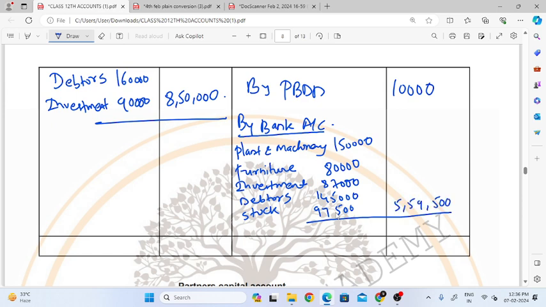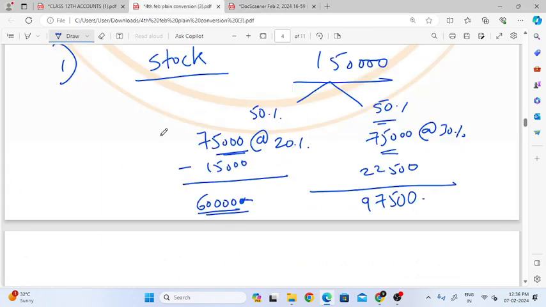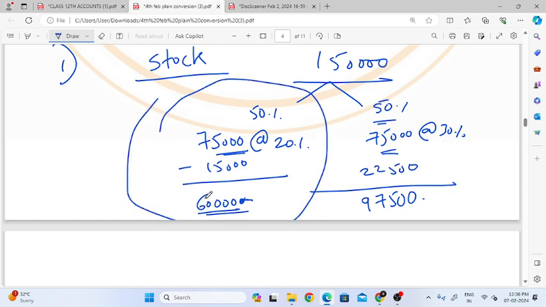Then how much did Riya take, by Riya's account? She took stock for 60,000. We have already shown that the first stock she took at a 20% discount and the balance remaining is realized.